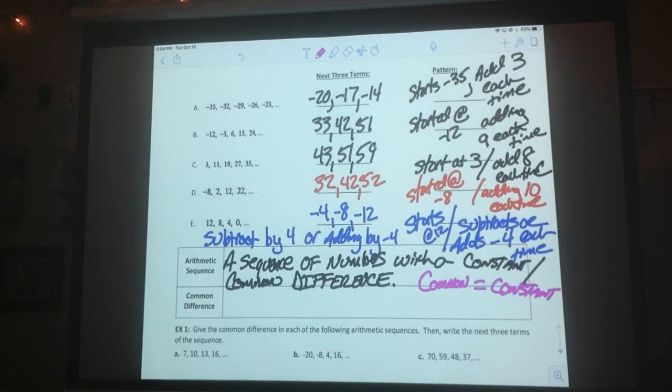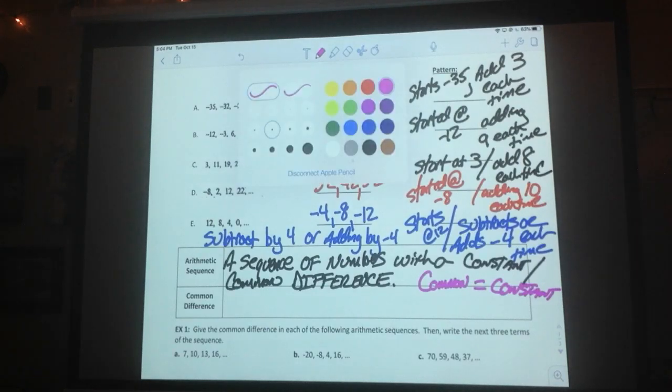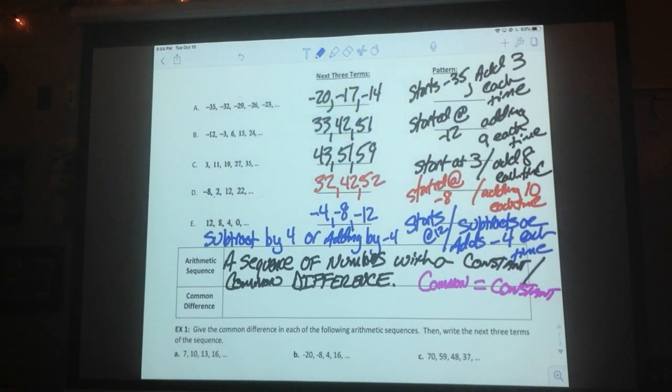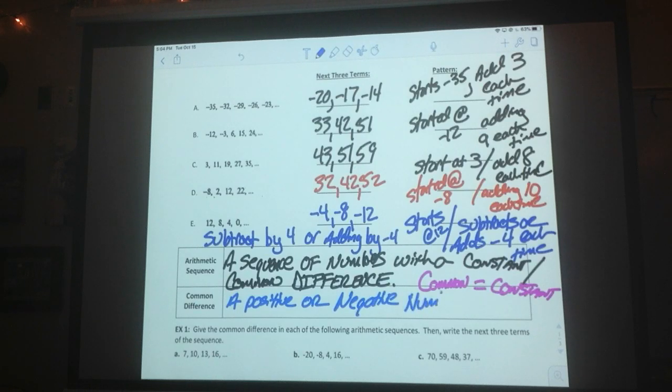A common difference is a positive or negative number that is added to each term.